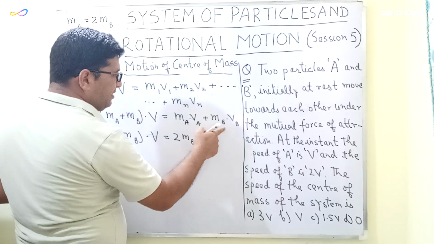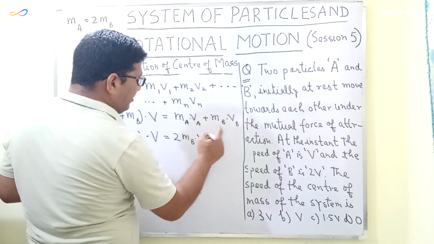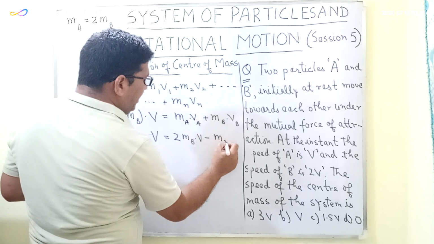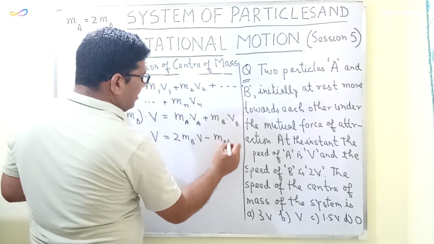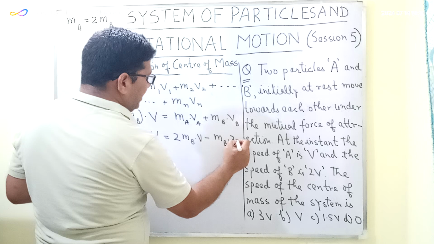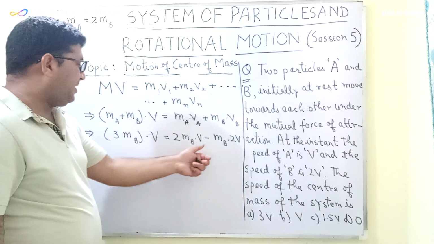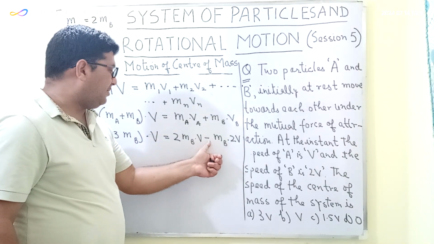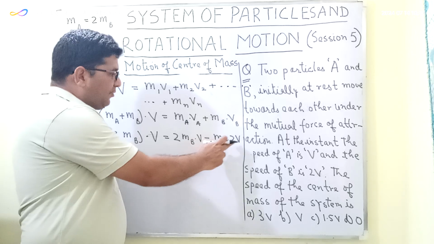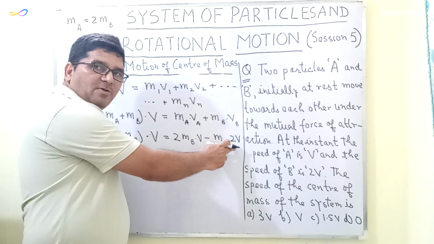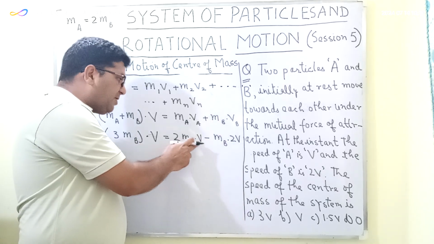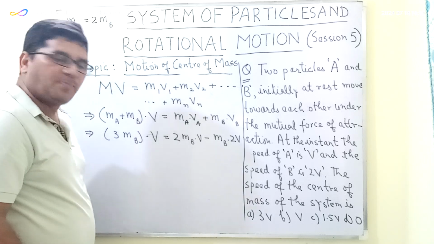So if this is positive, then the velocity of the particle B will be negative. Now this will be equal to mv, and vb is equal to 2v. Okay? So this will be minus because the velocity of the particle B will be negative if the velocity of the particle A is positive.